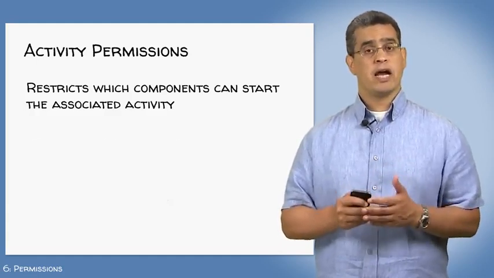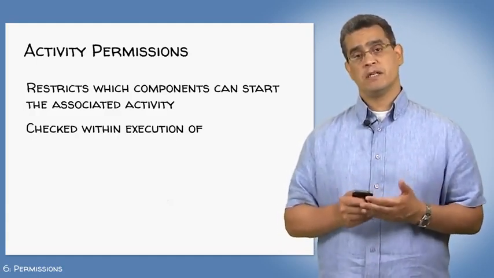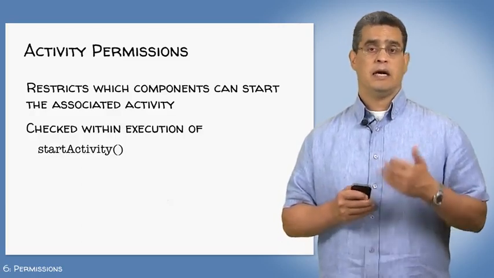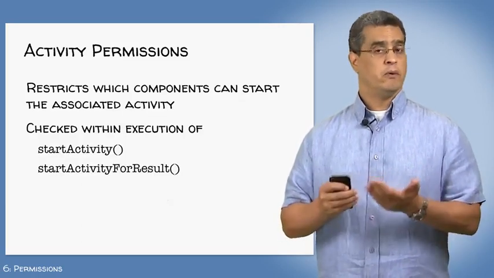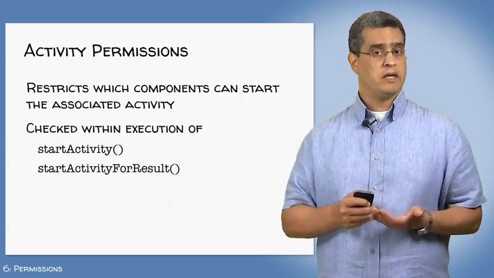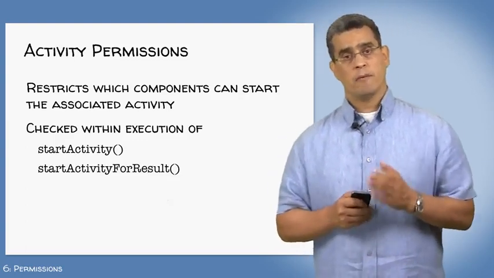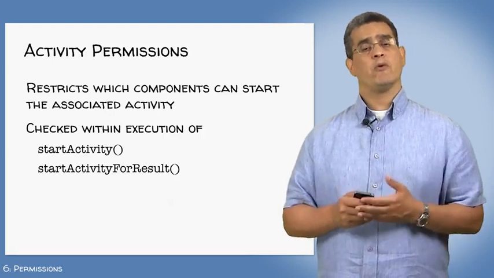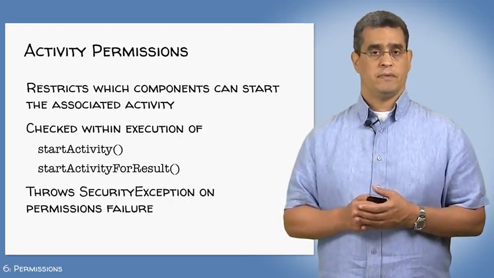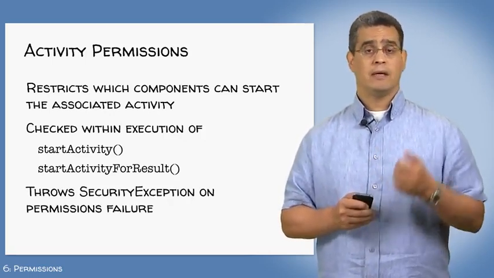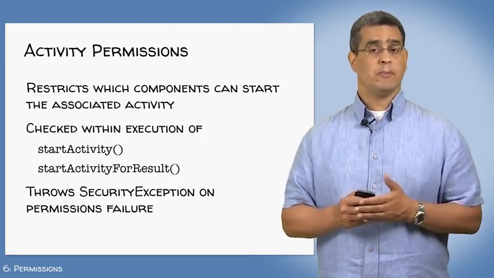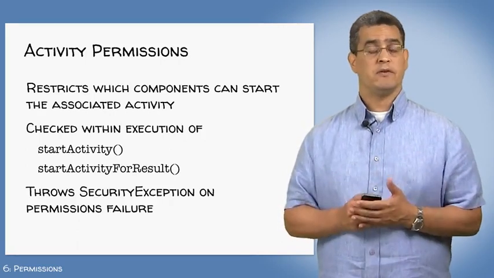These permissions are checked within the execution of methods such as startActivity and startActivityForResult, which, as you know, are called when one activity tries to start another one. And if the required permission is missing, then Android will throw a security exception. In fact, that's exactly what happened in the Permission Example Boom User example that we just went over a few seconds ago.